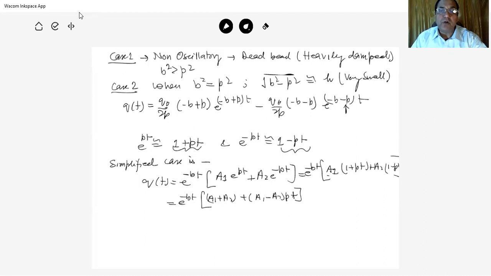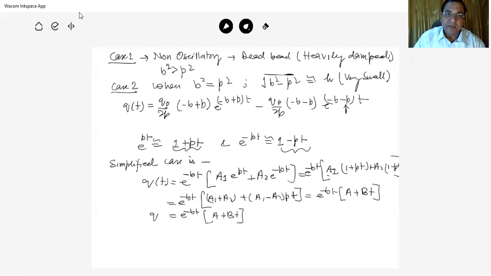तो इसको हम कह सकते हैं, e raised to the power minus bt, A1 plus A2 is, you can say A plus Bt. So this is e raised to the power minus bt, A plus Bt.